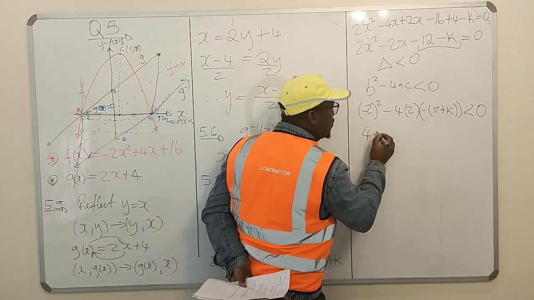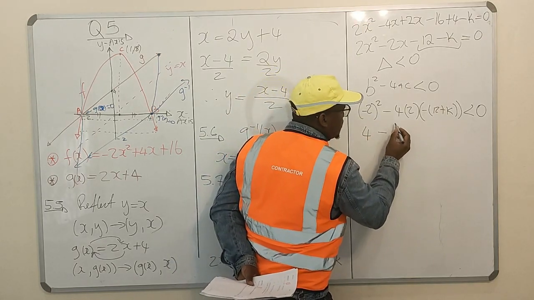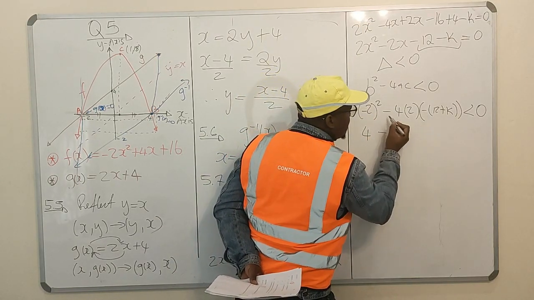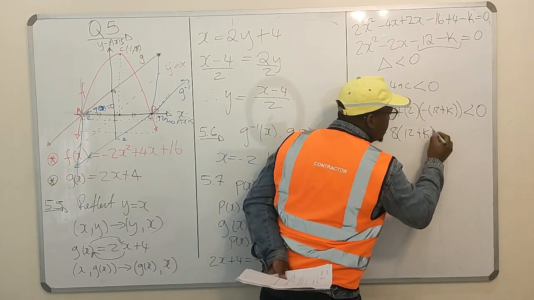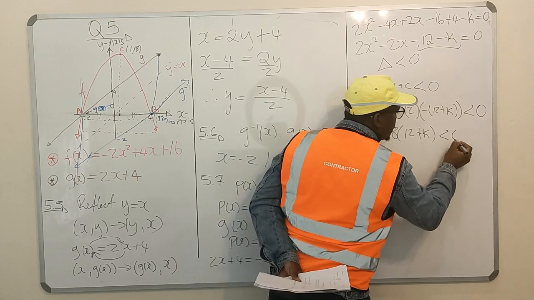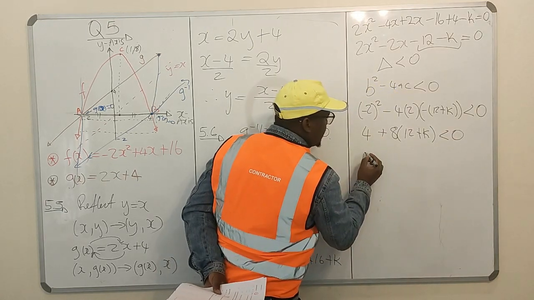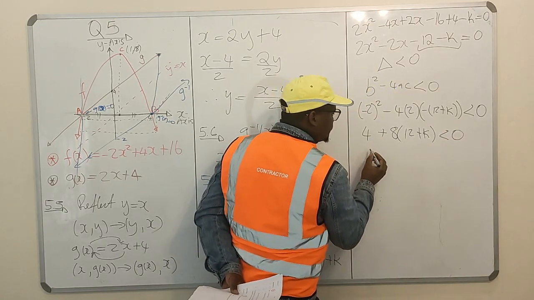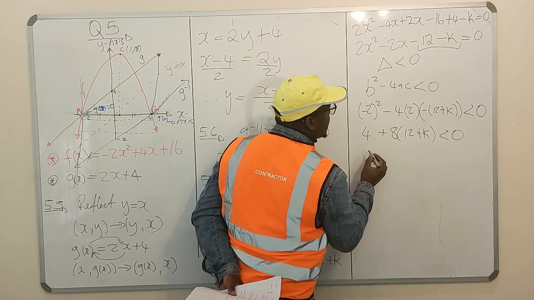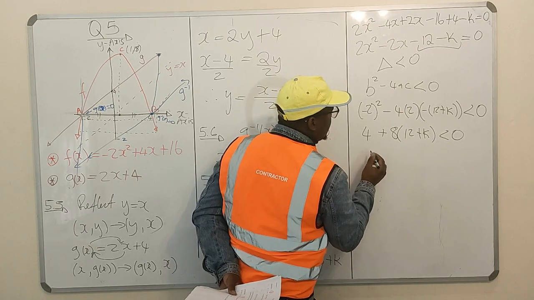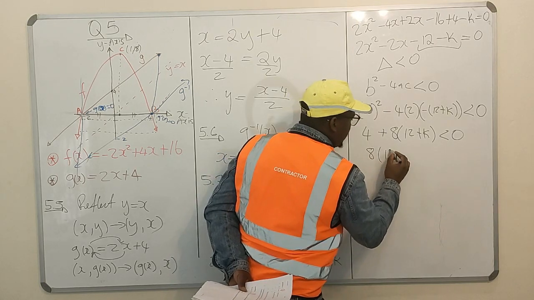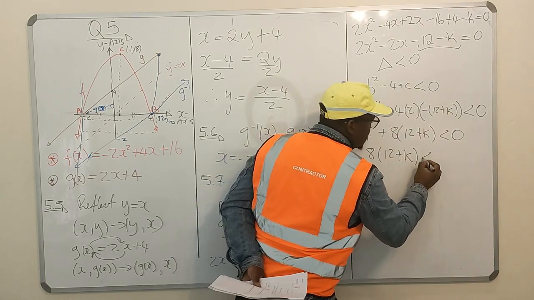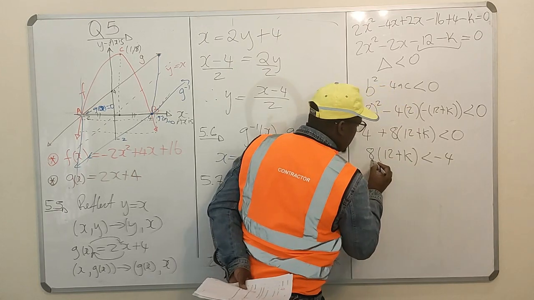This is 4 minus 8 into minus 12 minus k. We're solving for k here. So we have 8 into 12 plus k is less than negative 4.